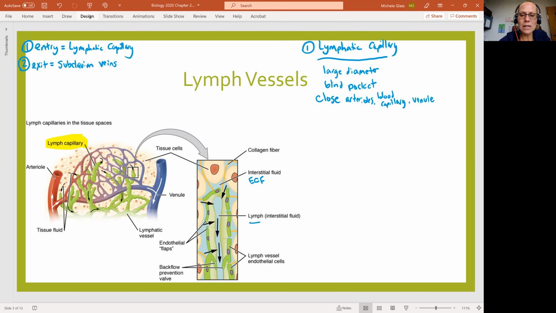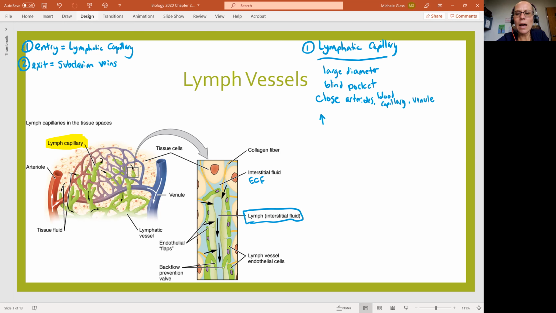Once it enters into the lymphatic capillary, that's when we call it lymph. Going back to the structure of the lymphatic capillary, the reason material moves in is because of a pressure difference.